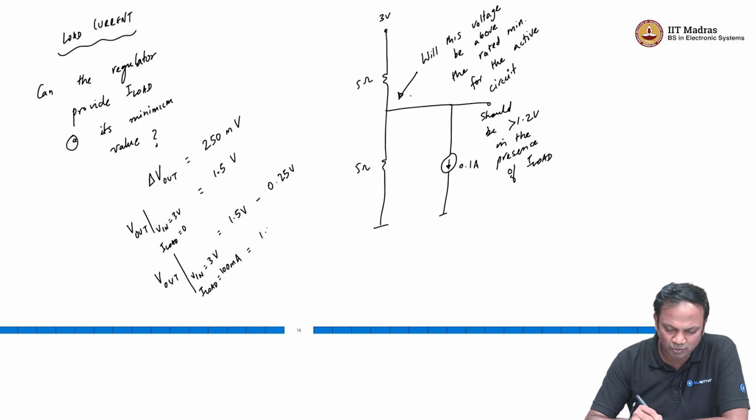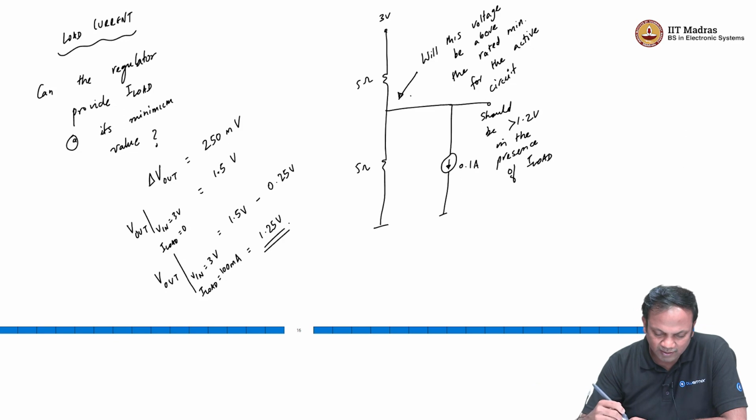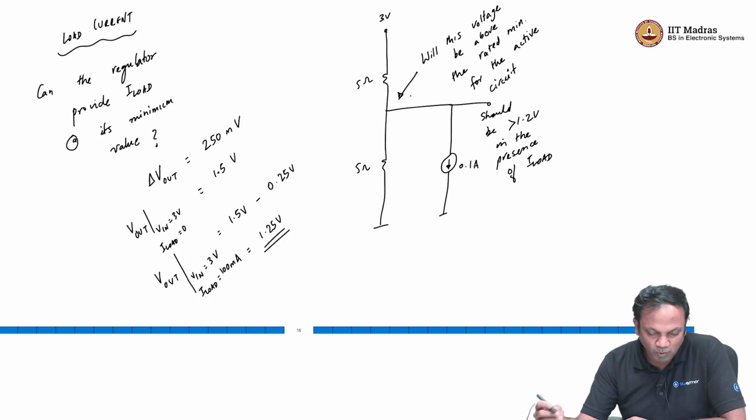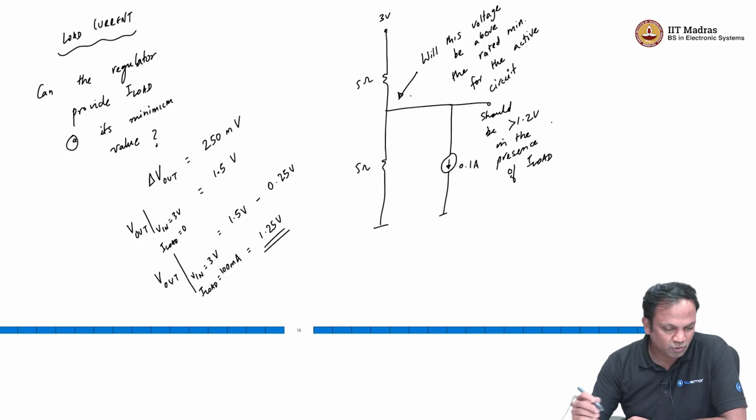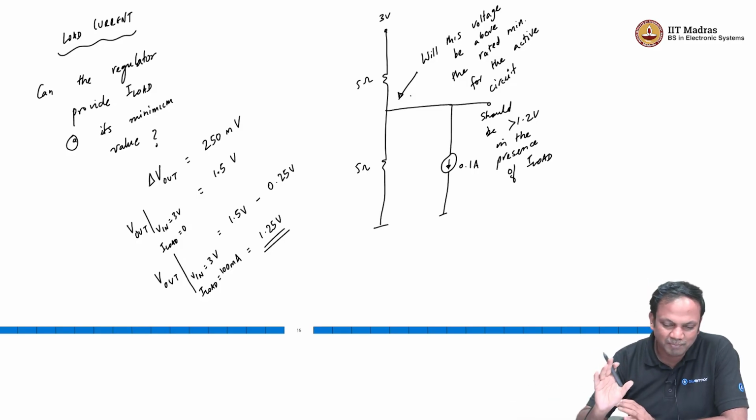This will be equal to 1.25 volt. You might recall that we had said the minimum acceptable voltage for the active circuits is 1.2 volt, right. So, we have margin, but barely.